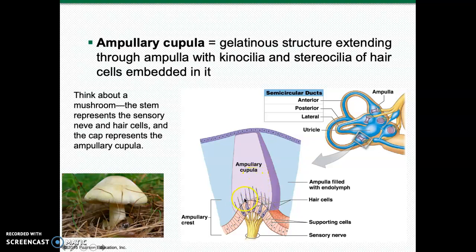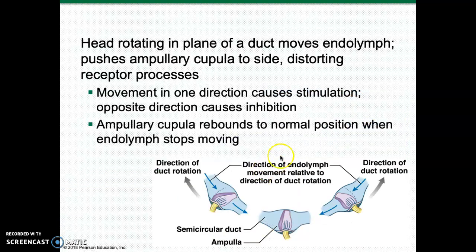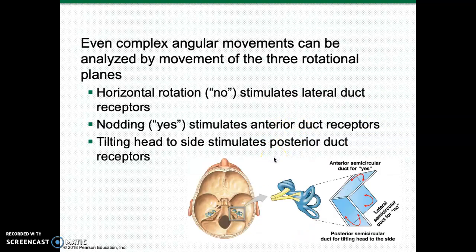The ampullary cupula is kind of filled with gelatin, and it has the kinocilia and stereocilia of the hair cells in that gelatin. When our head rotates in a plane of a duct, it's going to move the endolymph.